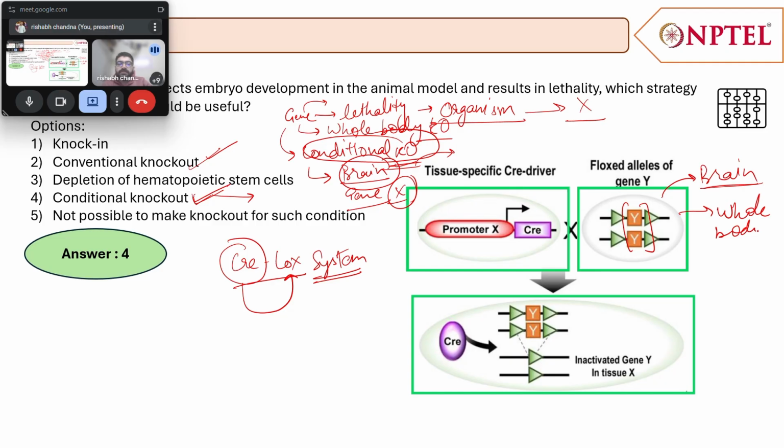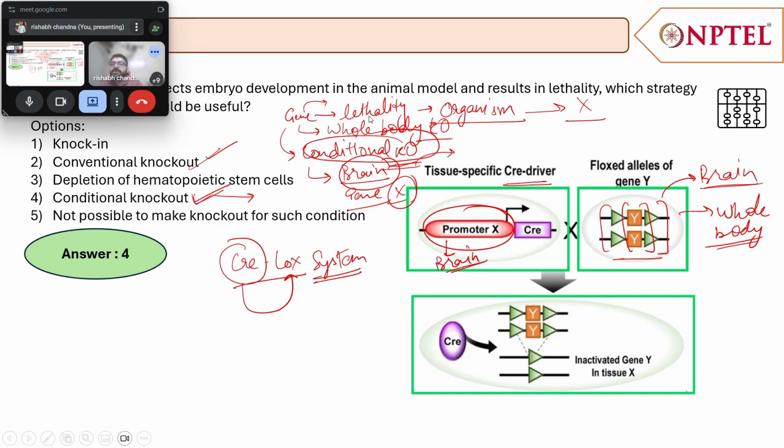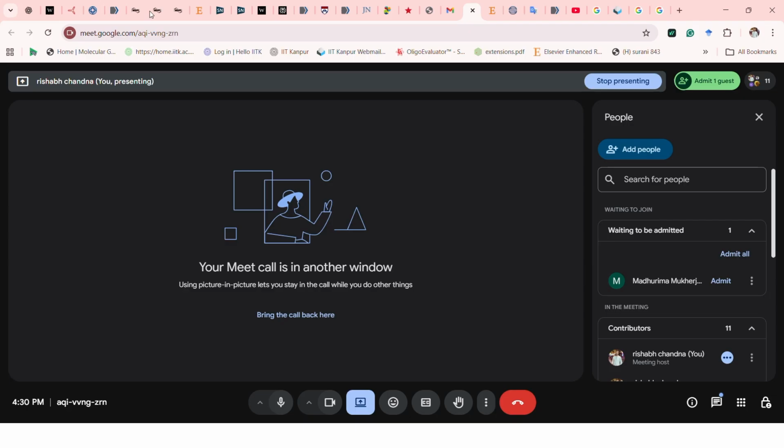So wherever this gene is present, it will be present with the Lox sites. Now we deliver the Cre recombinase with a promoter that will express only in the brain. So we have a tissue specific promoter here.